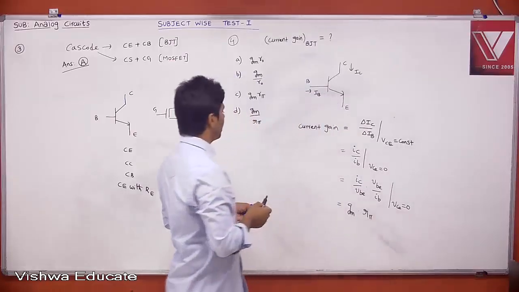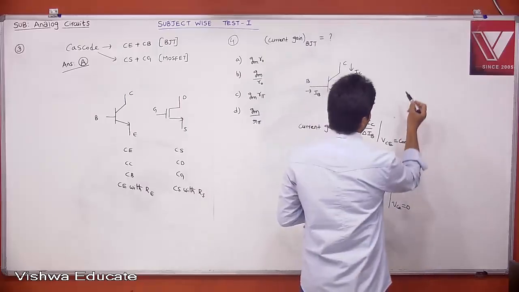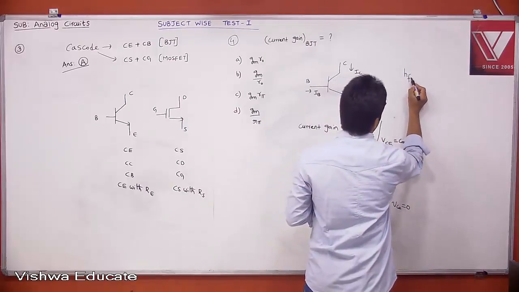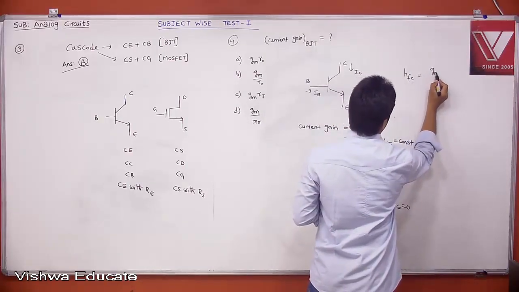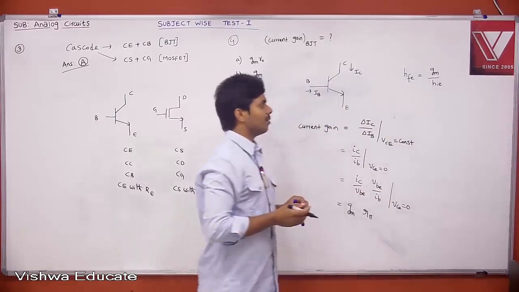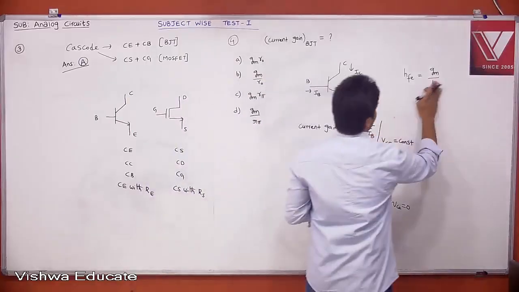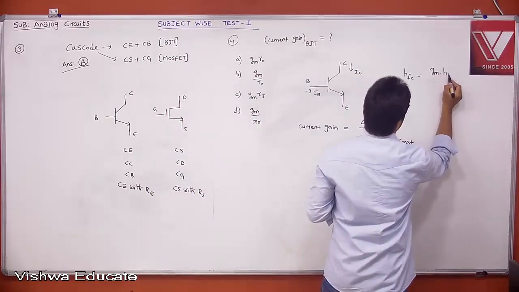Therefore, what is your current gain? GM into R pi. Strictly speaking, current gain is nothing but your HFE. Therefore, HFE is equal to GM into HIE. What is HFE? Current gain. What is HIE?